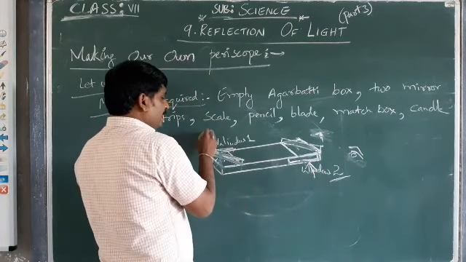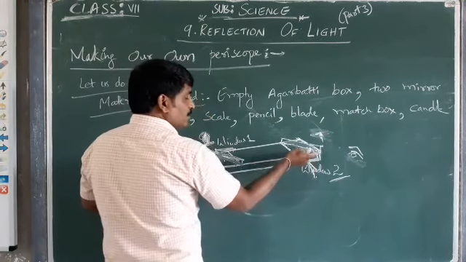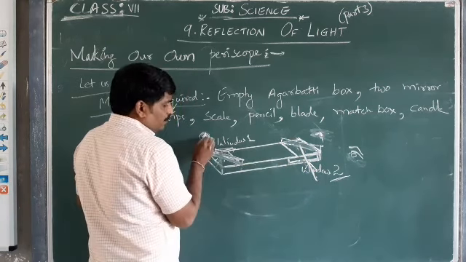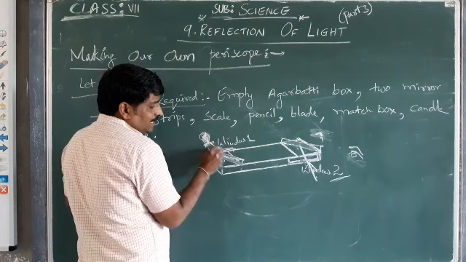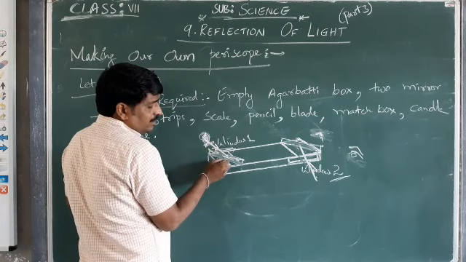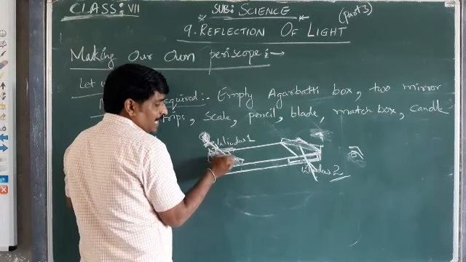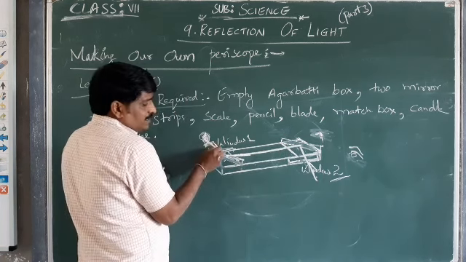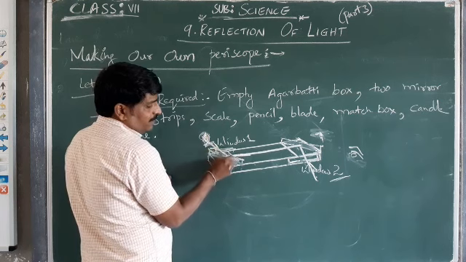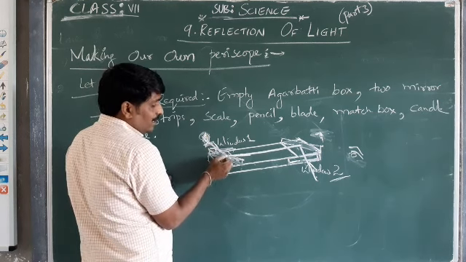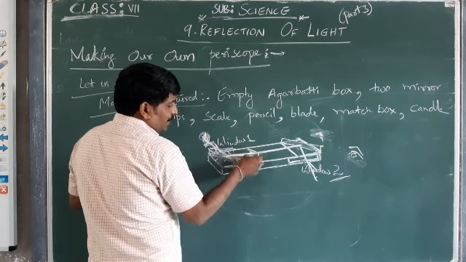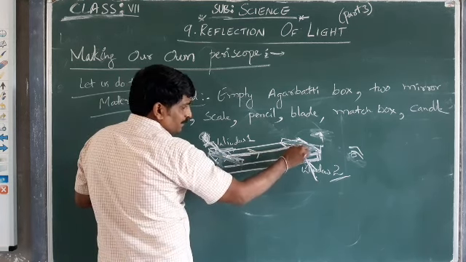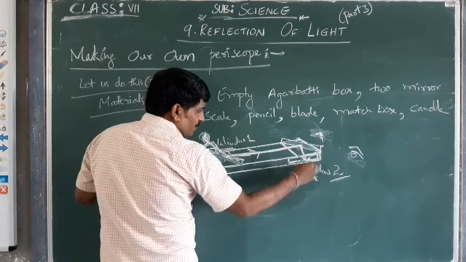Suppose the object is placed here. With the periscope, the incident rays from the object will fall on this first mirror and be reflected. This reflected ray travels and hits the other mirror, and again gets reflected.